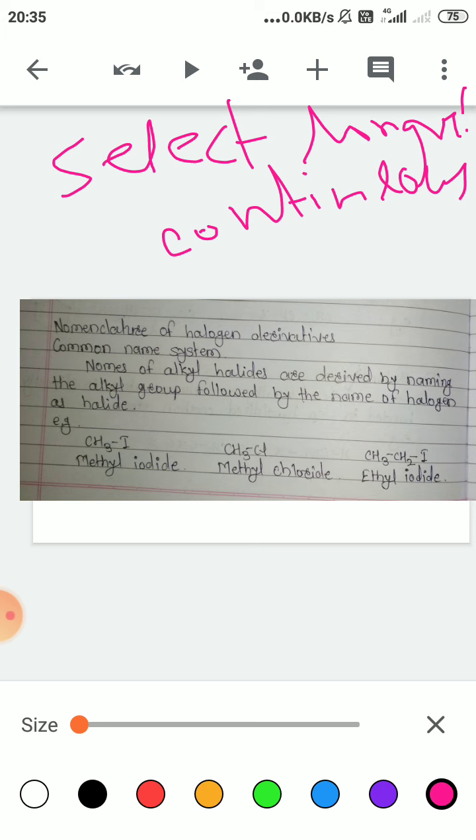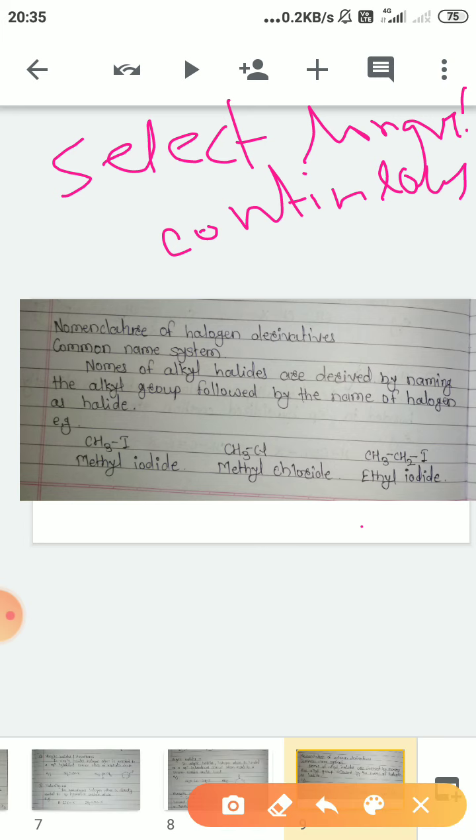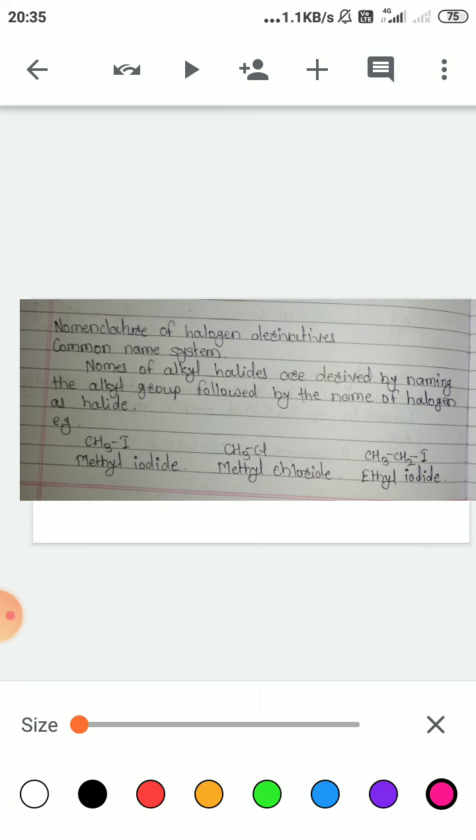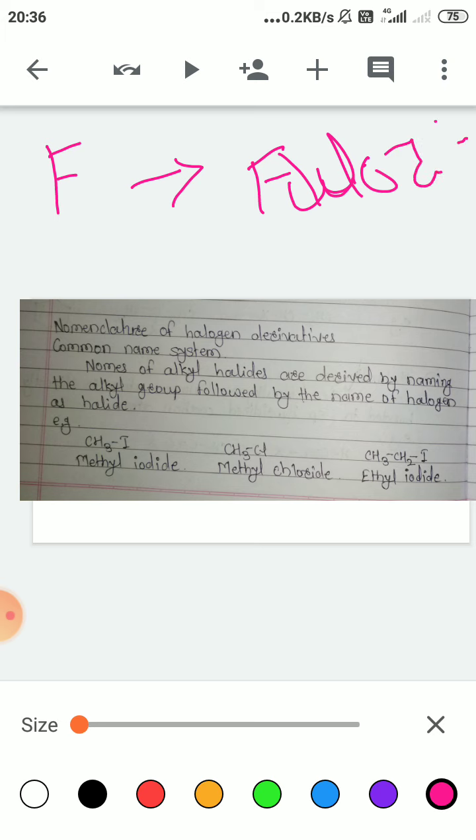Now first we will see the common name system. In the common name system, alkyl halides are named by naming the alkyl group followed by the name of the halogen as halide. If fluorine is there, we write fluoride.